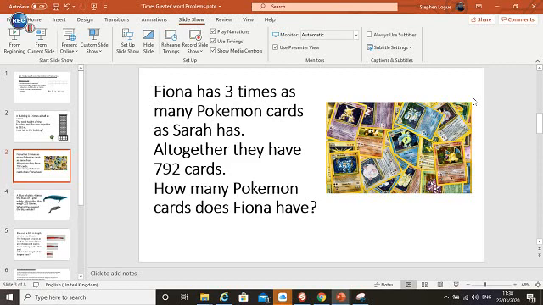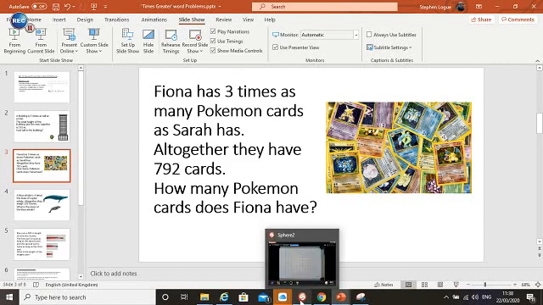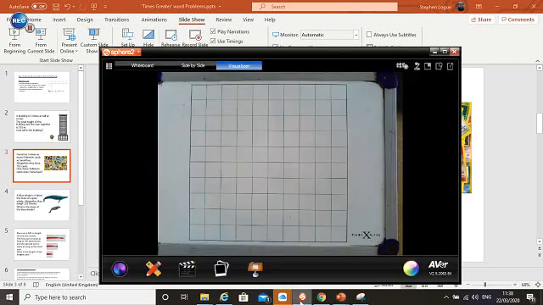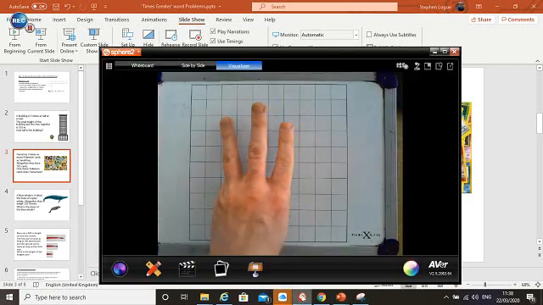The total number of cards was 792. Let's count the parts that we're sharing the 792 cards by. 1, 2, 3, 4 parts. We're going to share the 792 between those 4 parts.